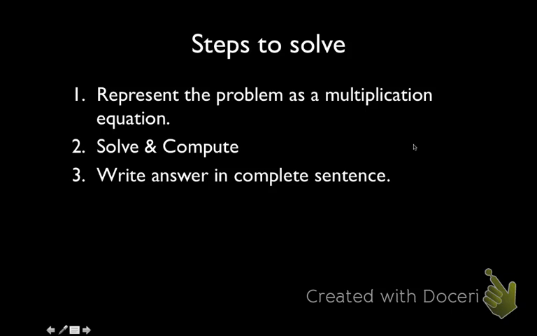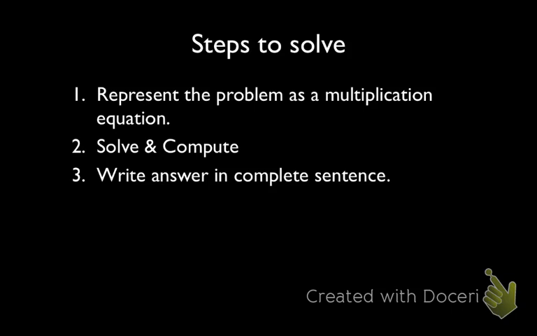So first, a good way to figure out how to work through a problem is to follow a couple steps. Number 1 is that after you read the word problem, try to represent the problem as a multiplication equation. Afterwards, solve and compute the answer, and write the answer in a complete sentence.